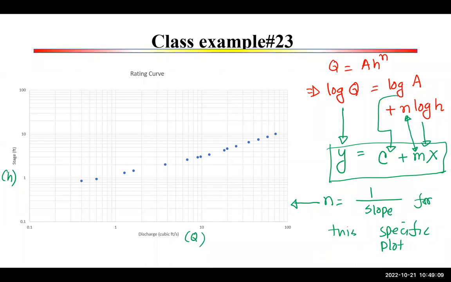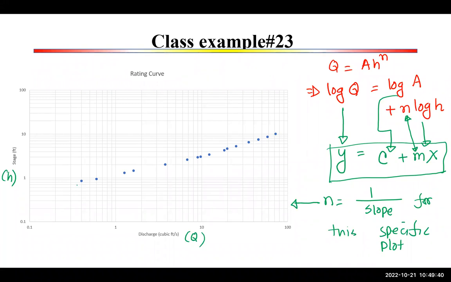Now, what you need to do is draw a straight line through these data points and find the slope. That's the first task, and that will give us N. Then we just need to find out A. Do you have a straight edge or something? Okay, use that to draw a straight line.